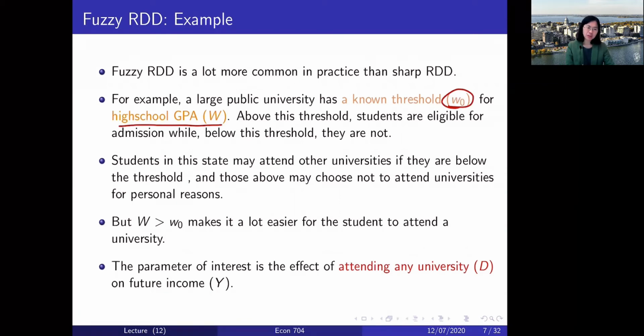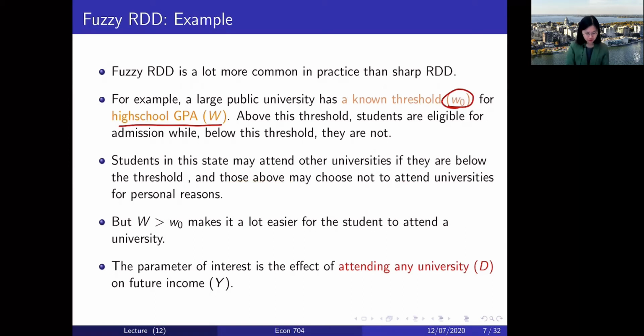And suppose students in this state may attend other universities if they are below the threshold. So below the threshold doesn't mean that the student cannot attend university. And also being above the threshold does not mean that the student attends the university, because those who are above may choose not to attend for other reasons.